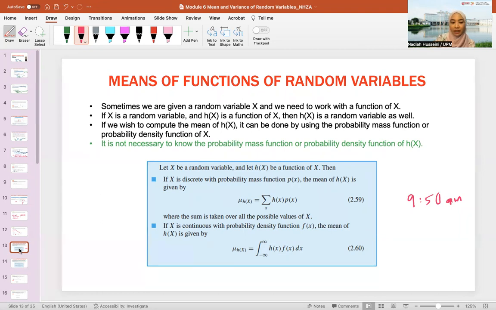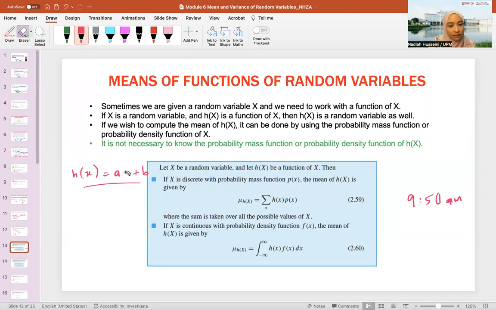Let's say h(x), they use h(x) here. Let's say h(x) = ax + b, for example.